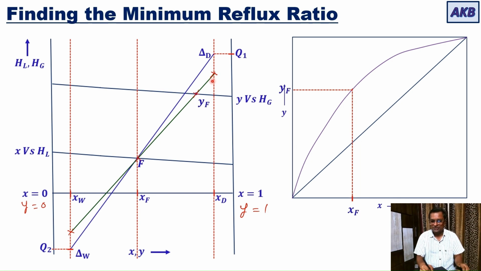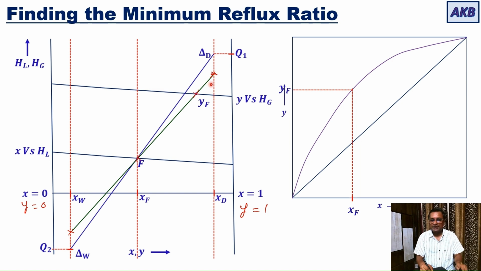Only one tie line that passes through F will be giving the highest location. We are talking about location below the actual delta D point. And the same is the case with this. All other tie lines will be intersecting the vertical line above this point. So this will be the lowest location.